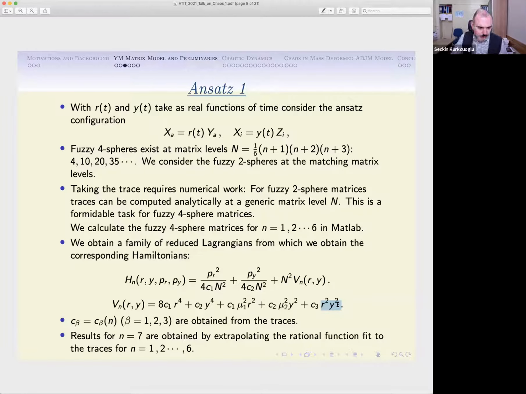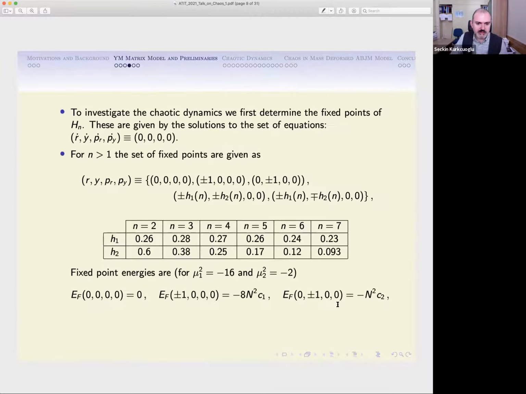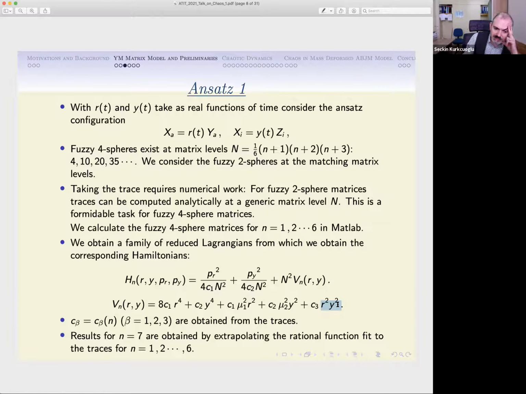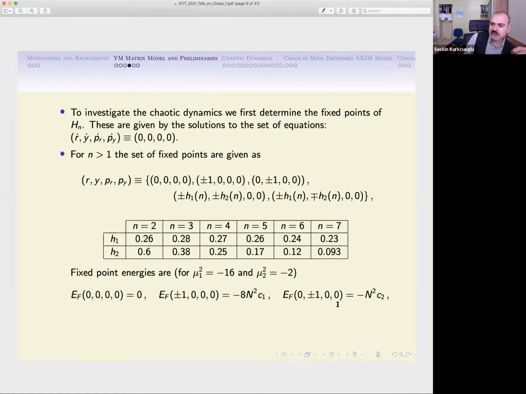So, let's proceed. In order to get some handle on investigating the chaos, we can look at the fixed points of this Hamiltonian. What are fixed points in the phase space? The fixed points, by definition, are given by setting the t derivative of the phase space coordinates to 0.